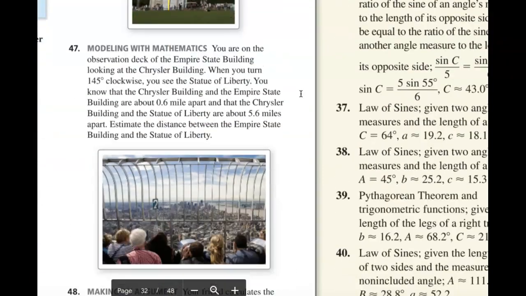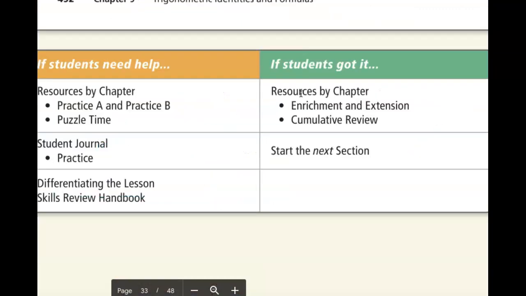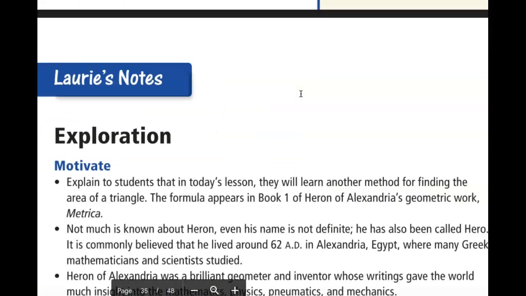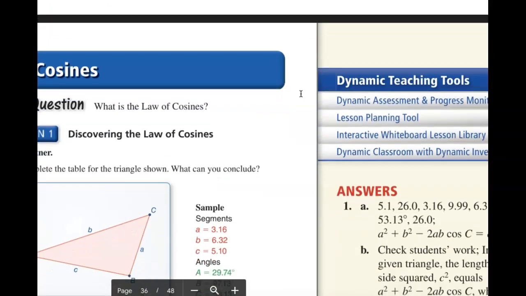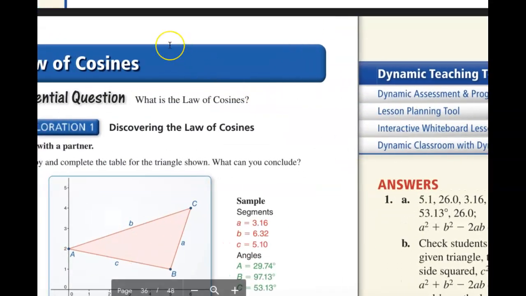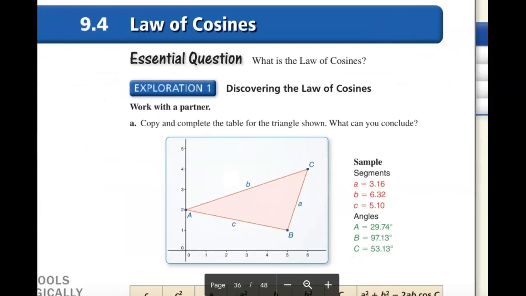Now, moving on to 9.4 with the little bit of time we have left. 9.4 was the law of cosines. And so here we go on page 494. This is the law of cosines.